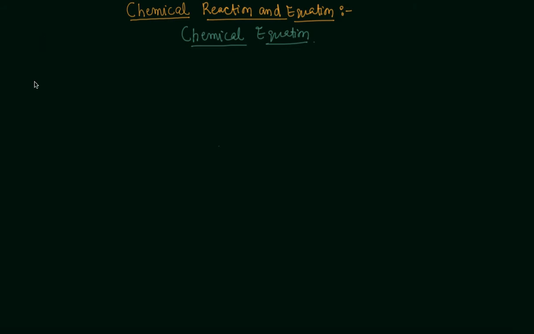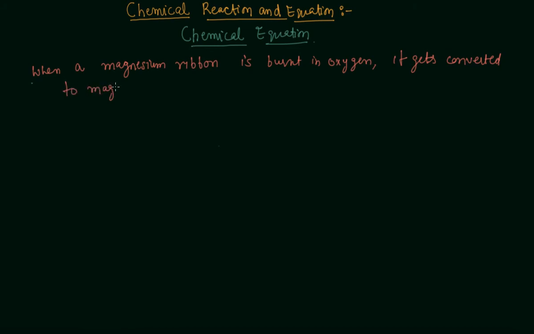So you have seen this equation in your previous classes, when a magnesium ribbon is burnt in oxygen, it gets converted to magnesium oxide.